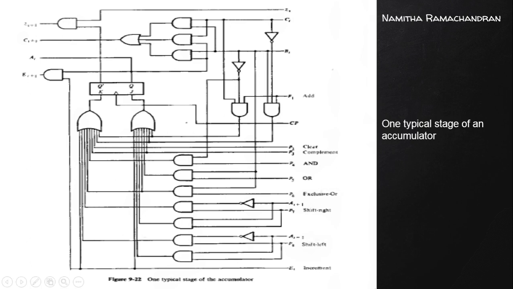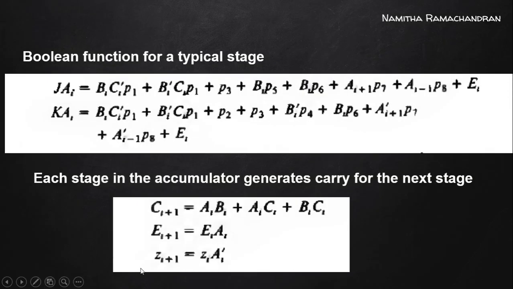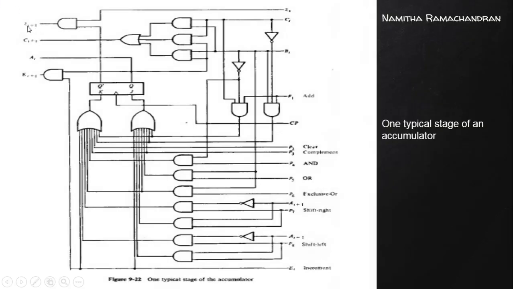In the previous expression, this set output is like the previous Zi value and Ai complement. So Zi plus 1 is the AND operation between the previous Zi value and the complement form of the current state, that is Q complement and Zi, that generates the next state Zi plus 1 value.